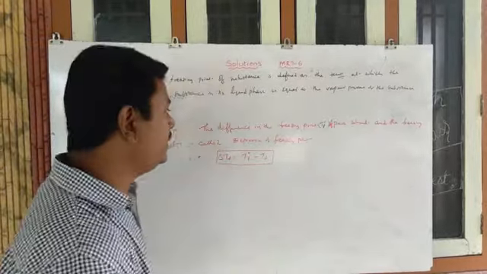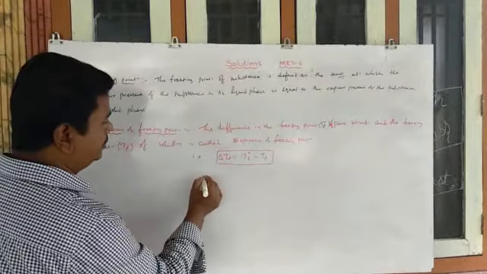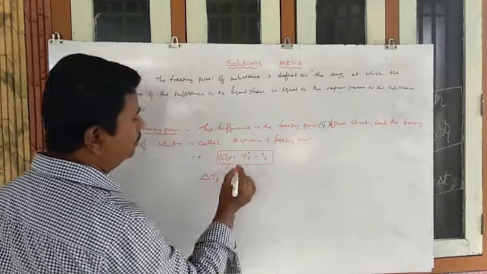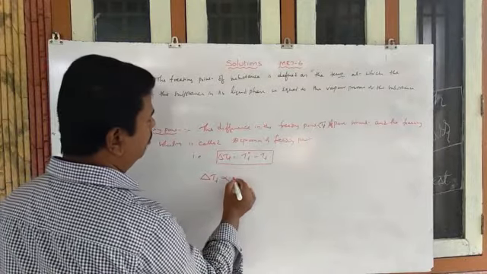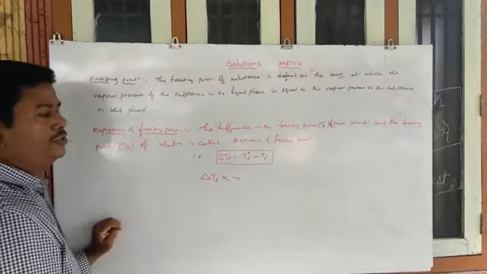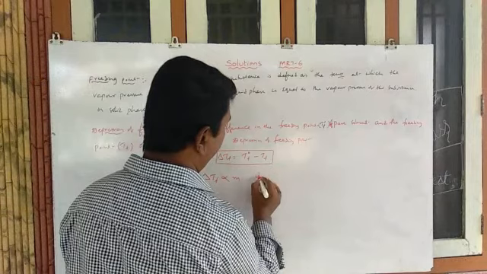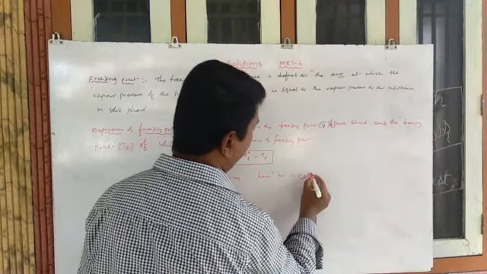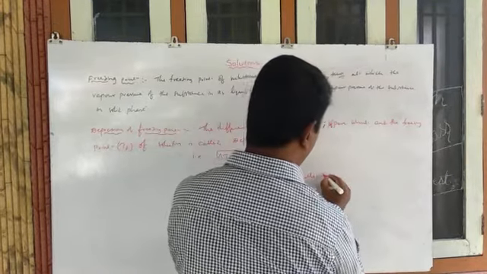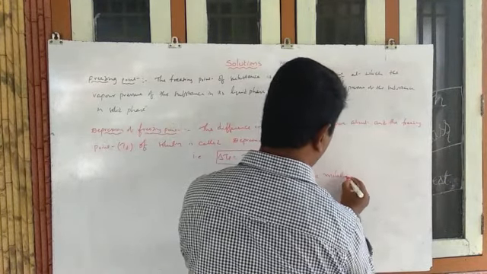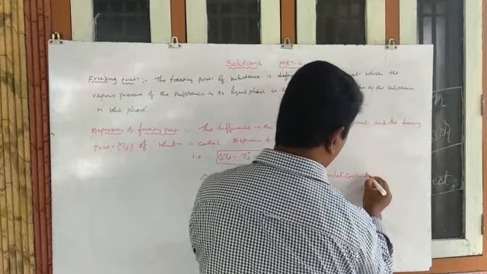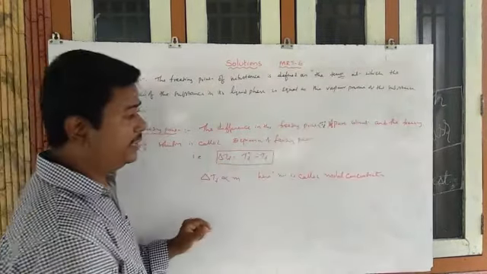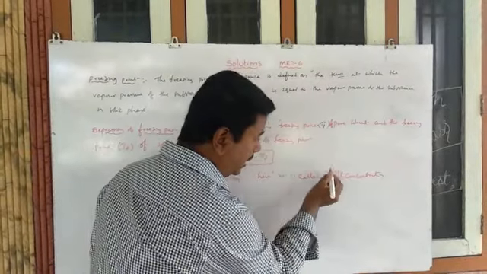Delta Tf is directly proportional to the molal concentration of the solution. Here m is called molal concentration. Remember, I am writing molal here, but not molar.